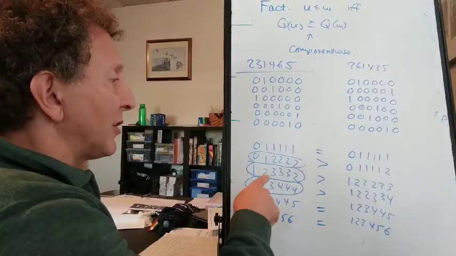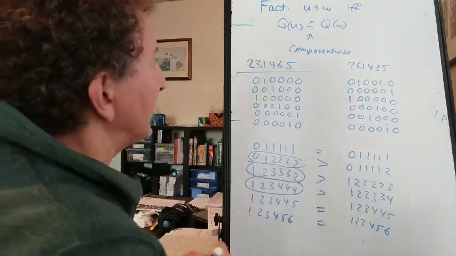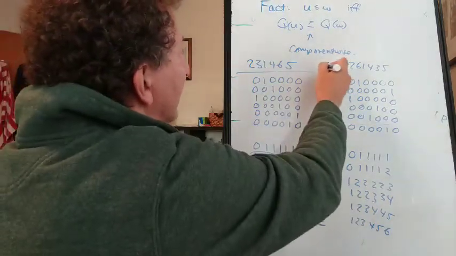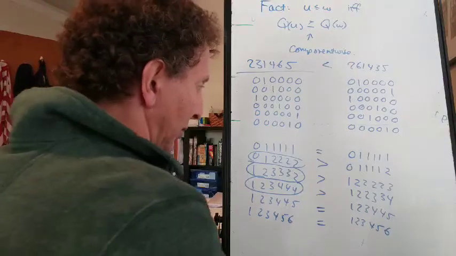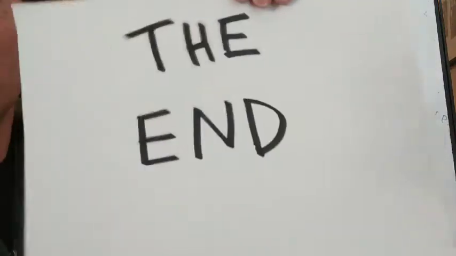So since these entries are all greater than or equal to those entries, this permutation is less than that permutation in the Bruhat order. The end.